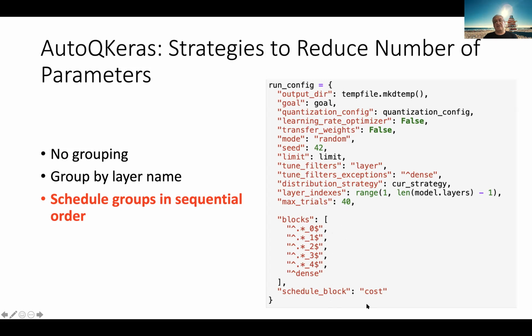So in that case, you may want to do sequential, in which case we schedule the quantizations in this order: first blocks whose names end with 0, then names ending with 1, names ending with 2, and so forth.